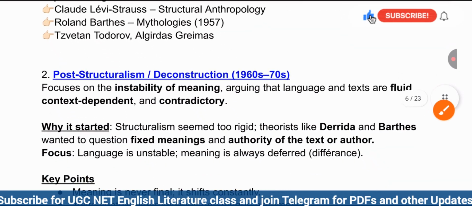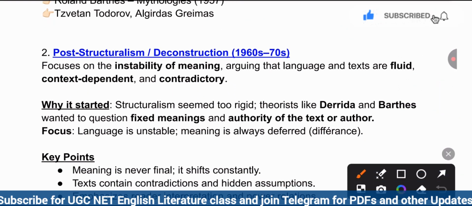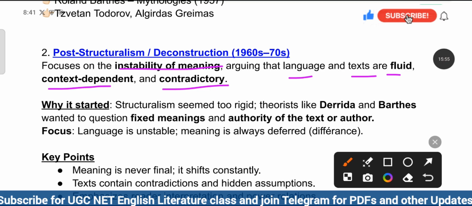Now, post-structuralism. Post-structuralism focuses on the instability of meaning. Instability and stability: that means meaning is not fixed, arguing that language and text are fluid, context dependent and contradictory. Over time, meaning changes with the perspective of different people.